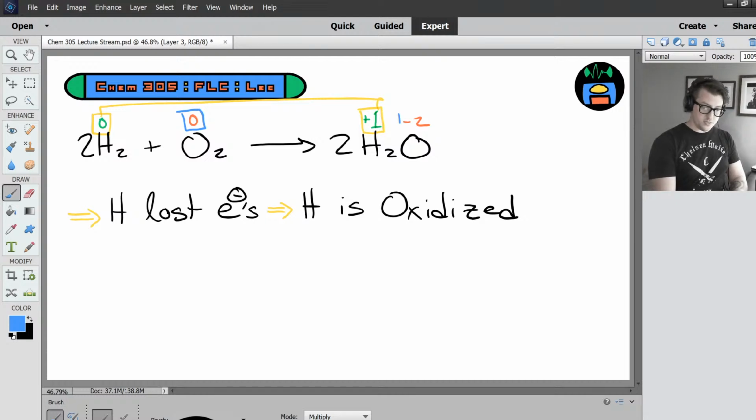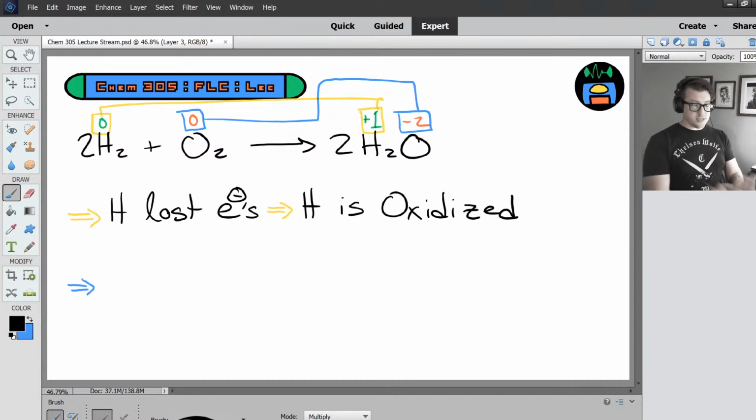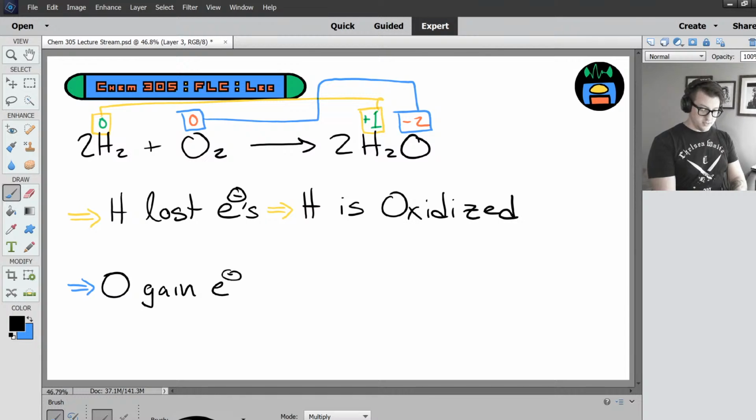We start with a 0. We end with a -2. So we see a change in oxygen's oxidation state, and if you start at 0 and end negative, that means you gain electrons.